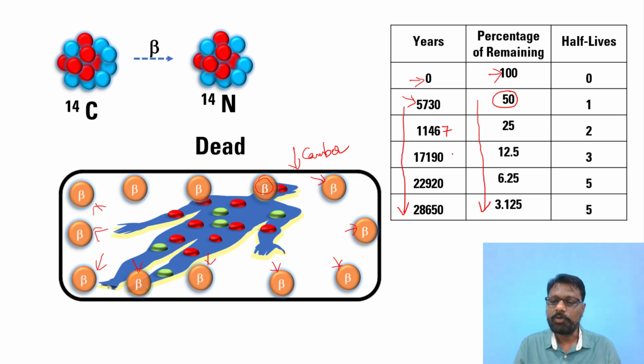Gradually the decay of C14 in the body of the individual after death will be like this. So these are the different stages: at what time, what will be the percentage of C14 present in the dead body.